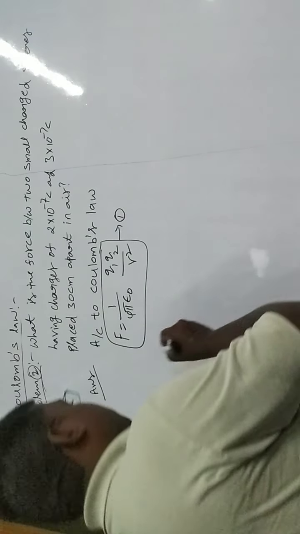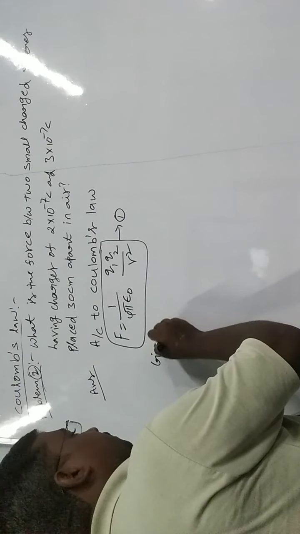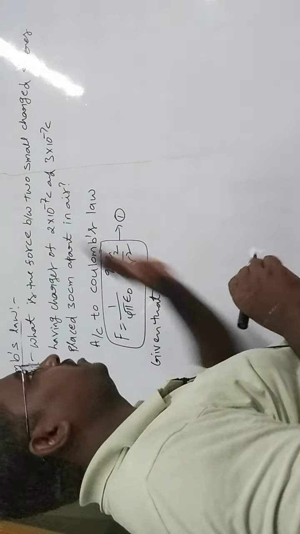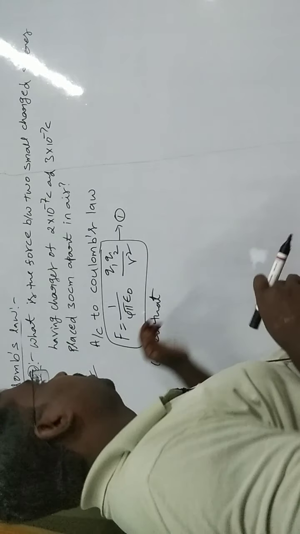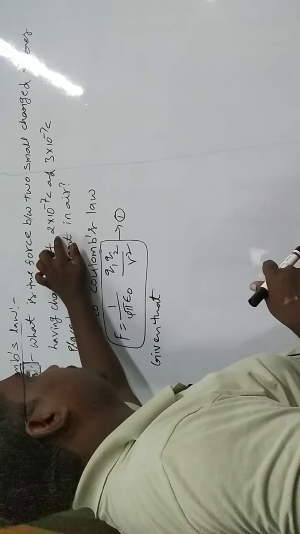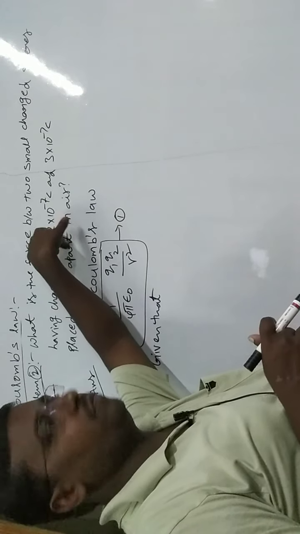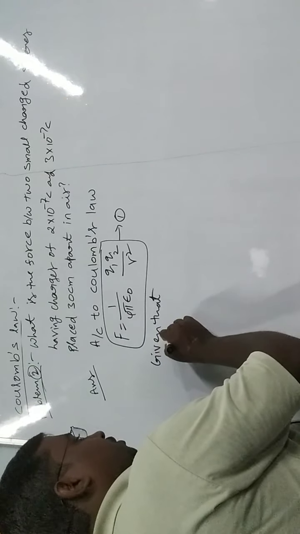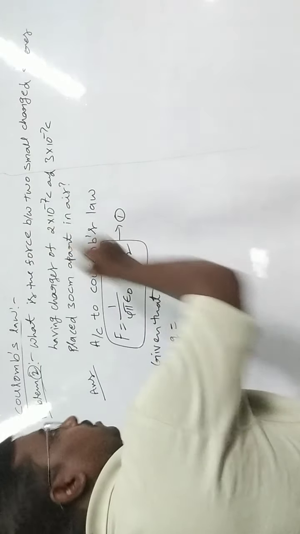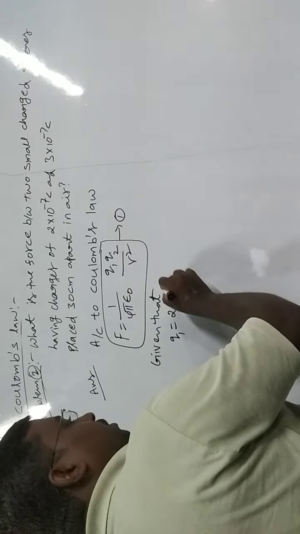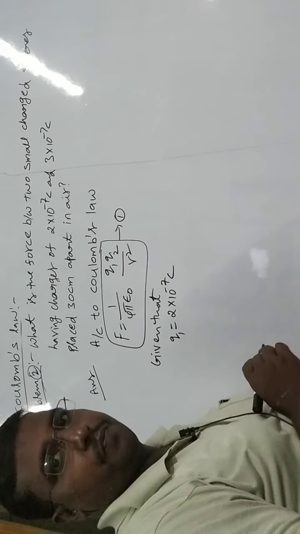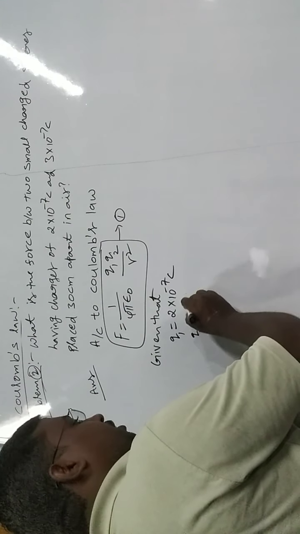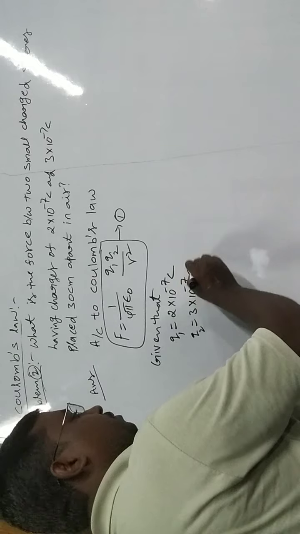So, what is given? What is the force between two small charges? We find the force value, and these spheres have charges: one is 2 into 10 power minus 7 coulombs and the second one is 3 into 10 power minus 7 coulombs. That is, we have to write, given that Q1 equals 2 into 10 power minus 7 coulombs, and Q2 is equal to 3 into 10 power minus 7 coulombs.